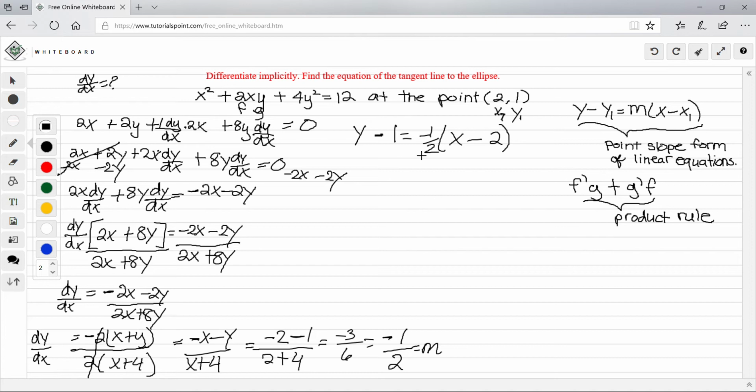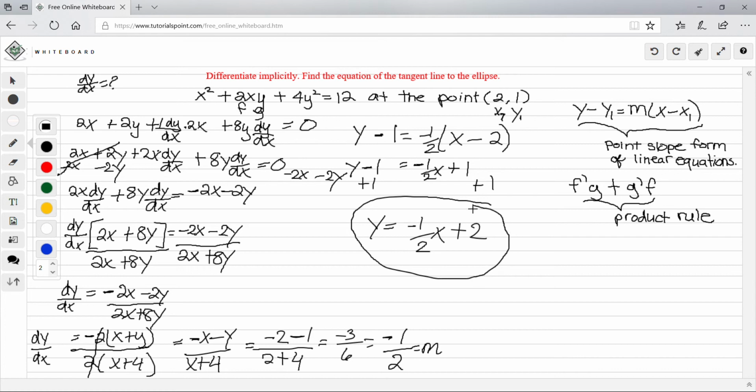Let's simplify. This is negative 1/2 x, and then two negatives make a positive, so plus 1. And then bring down y minus 1. We have to solve for y because that's the whole point. So I'm going to add 1 to both sides. Our final equation is y equals negative 1/2 x plus 2. That is our final equation.